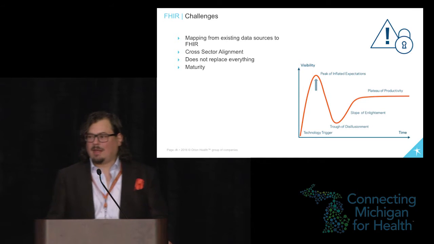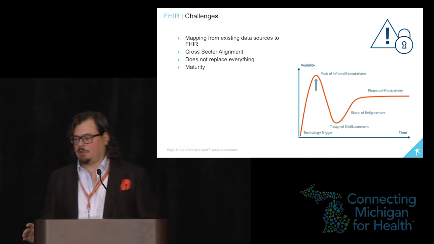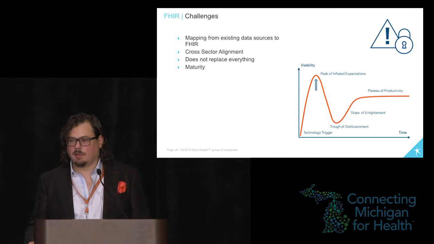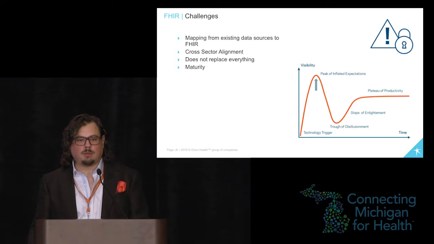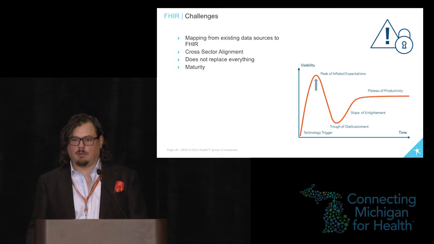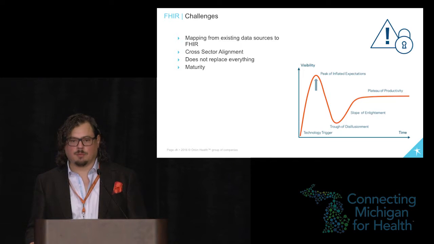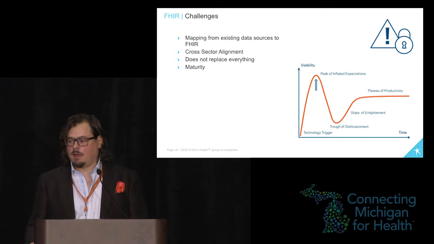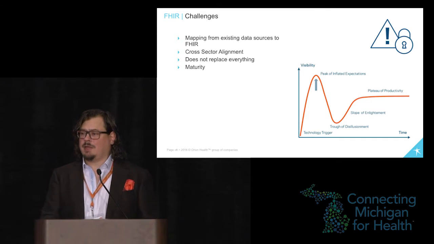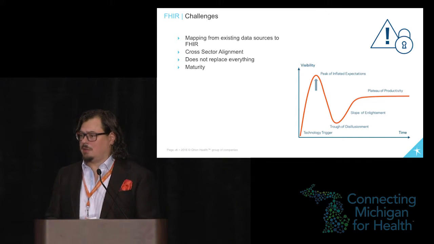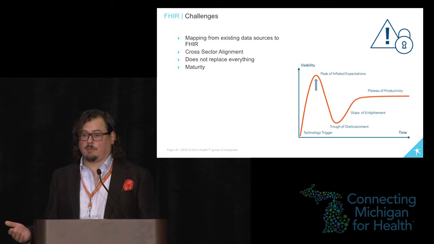So it's not a panacea. There is no magic bullet. There are a number of challenges that still exist. I get asked all the time, well, how do I map from my existing standard, whatever that is, whether it's a V2 message or a CDA, how do I map from those existing data sources, even if it's something like, we're seeing more and more interest from the payer community to be able to exchange financial information.